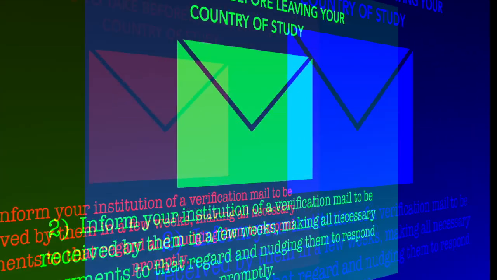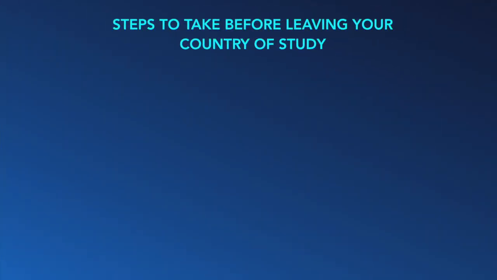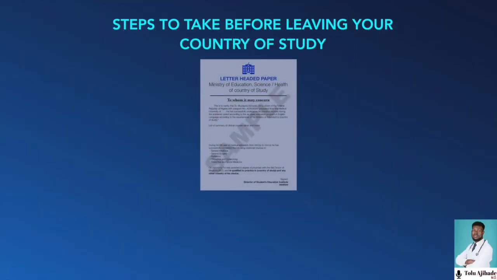Okay, and then moving on to another step you should take before leaving your country of study is something called the letter of eligibility to practice in your country of study. So this is something the MDCN is coming up with now. Over the past 2 years, thereabouts, they've been saying, okay, we want to be sure that you're not just being half baked in whatever country you study.